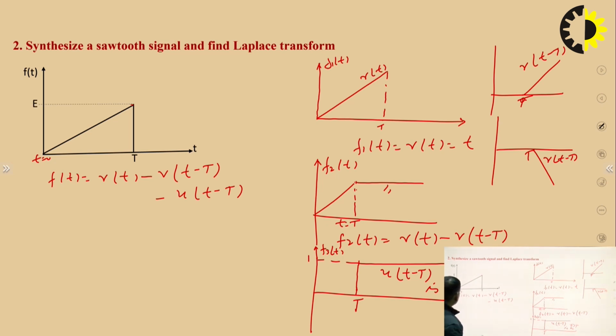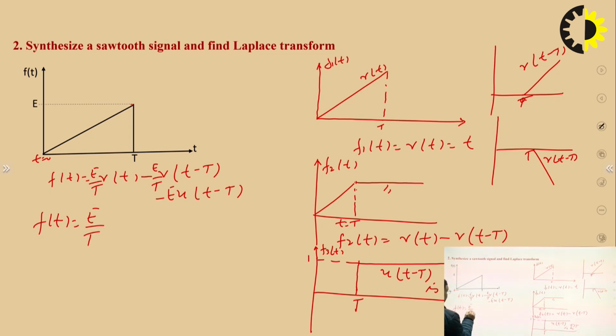But here the slope is E by T, so we multiply by E by T, and the height of this shifted unit step is, in place of 1, E. So in place of 1 we write E.